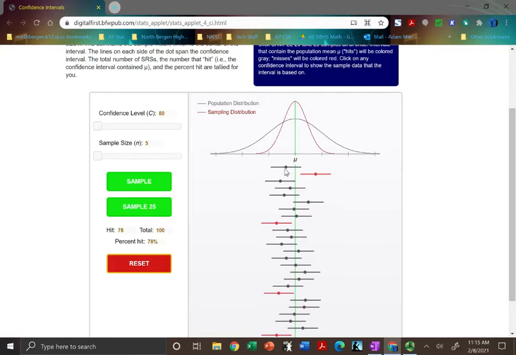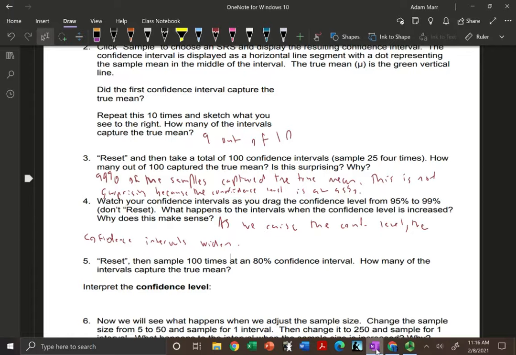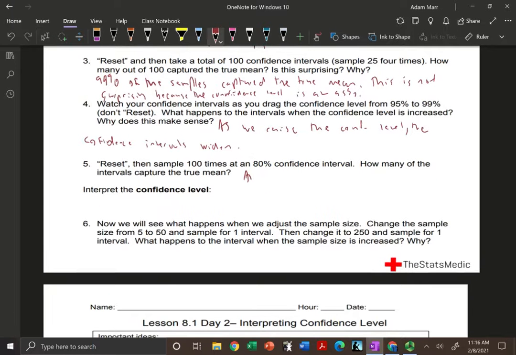Okay, so as you see, as I lower the confidence level, these intervals become much more narrow because we're less confident that it's going to hit this true mean right here. In this case, we had about a hit rate of 78%. Again, your answers will vary. But in our particular case, it was about 78%.